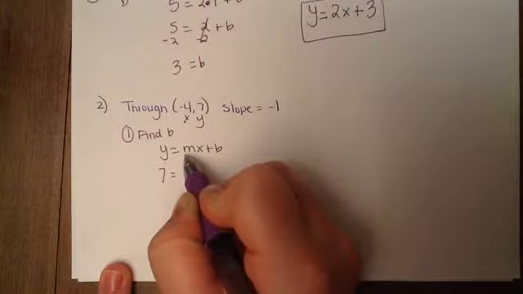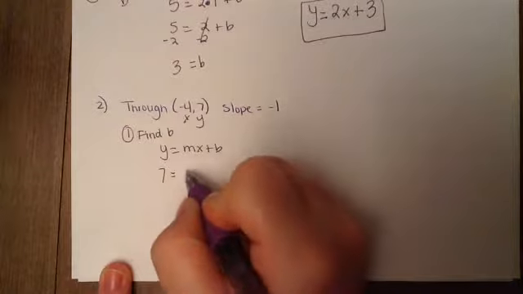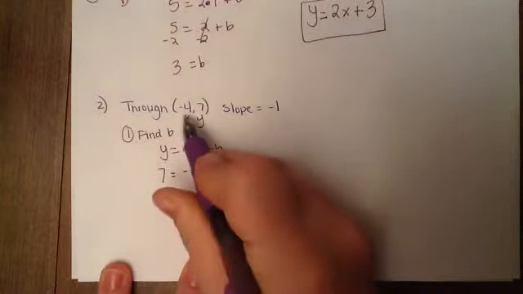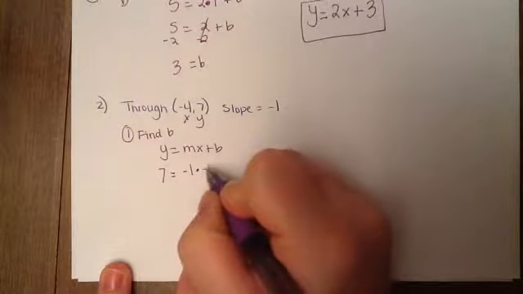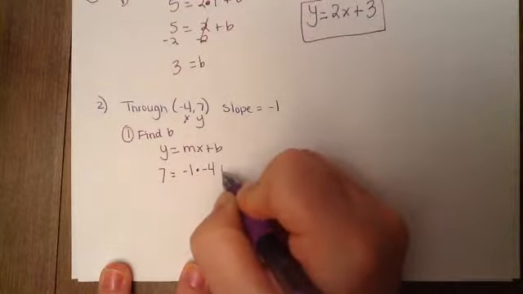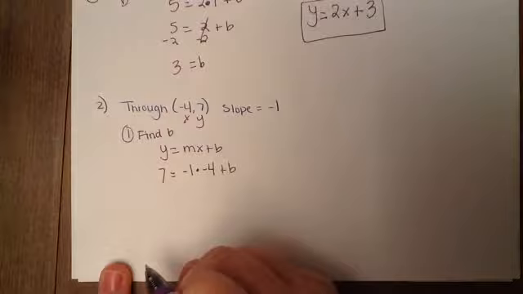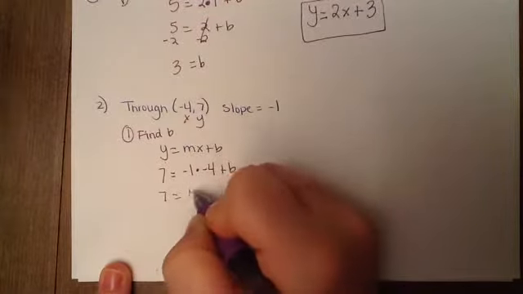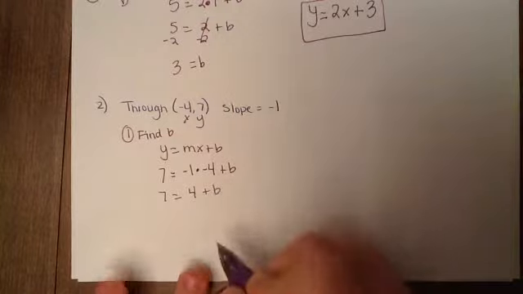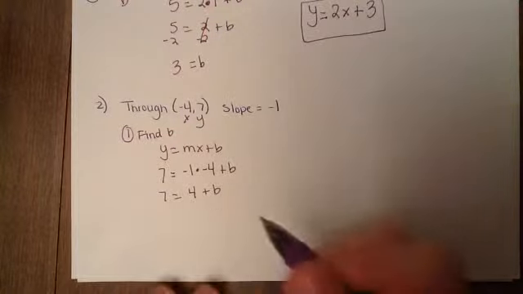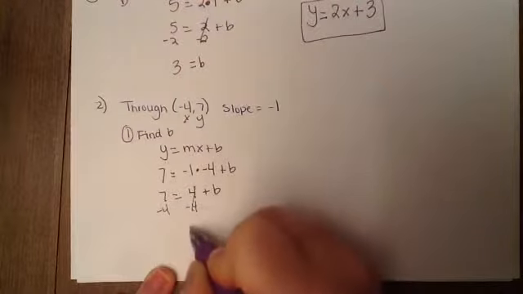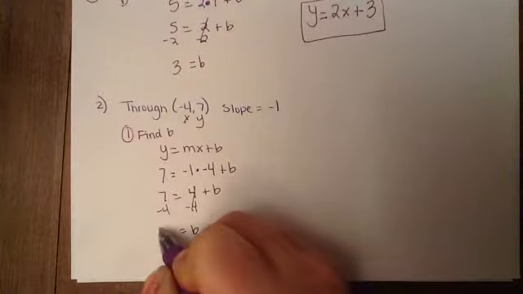M is my slope, -1, times x is -4, plus b. Go ahead and solve for b. -1 times -4 is positive 4. b equals 3.